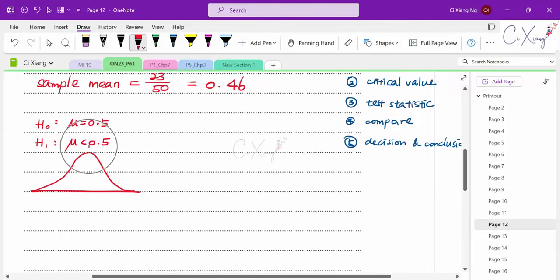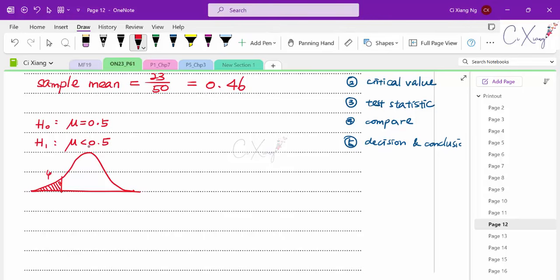If I look at my alternative hypothesis, it is a one-tailed test on the left. So it means that my rejection region is on the left. This particular area is 0.05, 5%. The critical value is the exact value at this part. So this is the critical value.